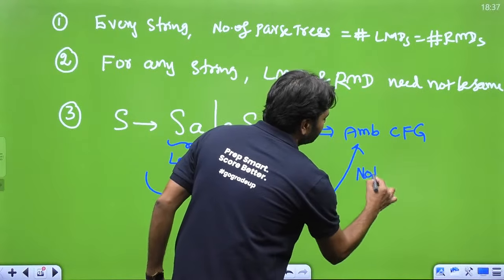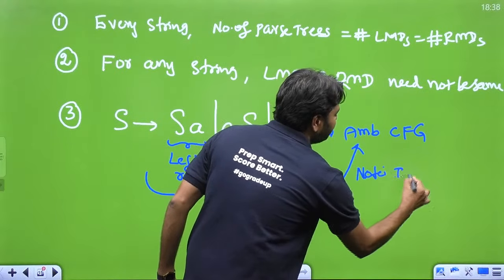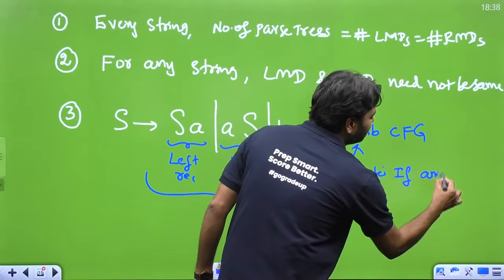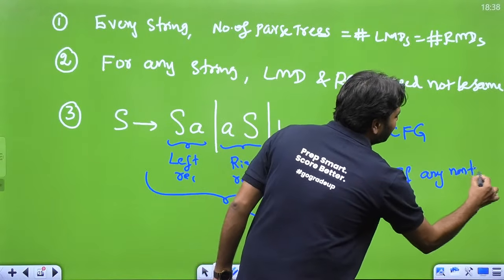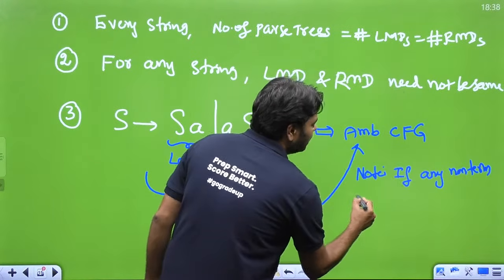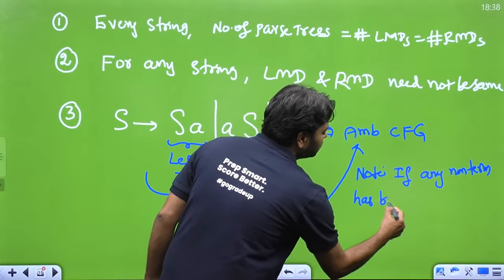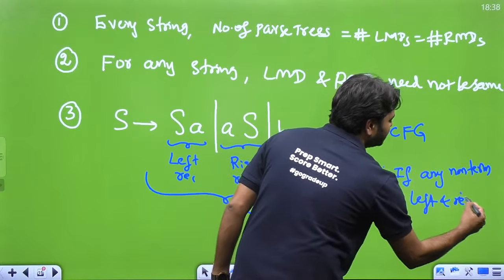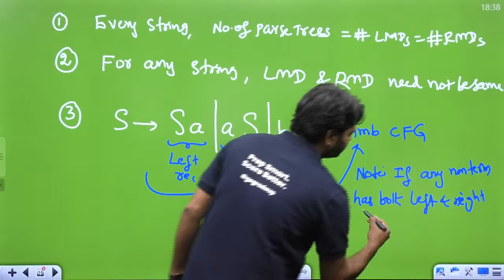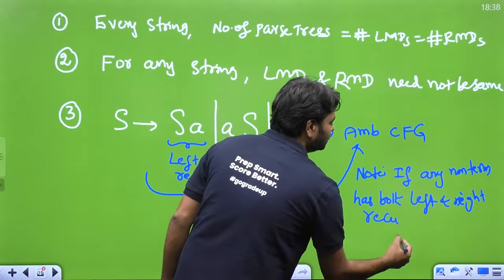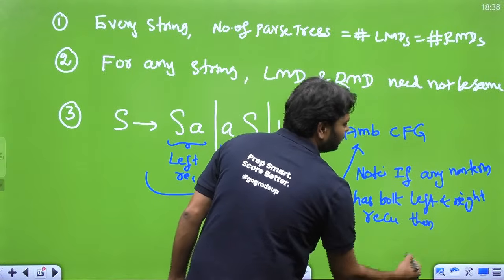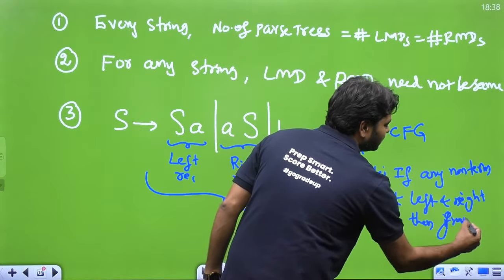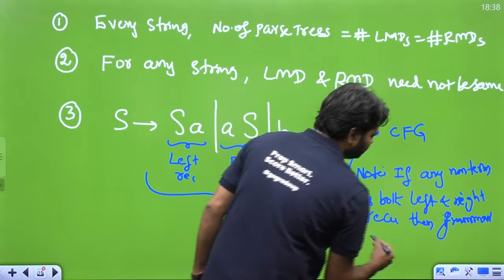Yes. So what is the note you have to make here? Note: it can be any non-terminal, guys. If any non-terminal in the grammar has both left and right recursion, then directly you say the grammar is ambiguous.